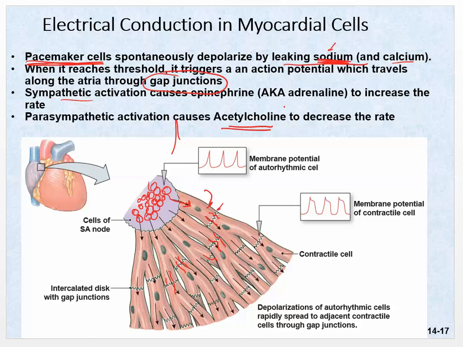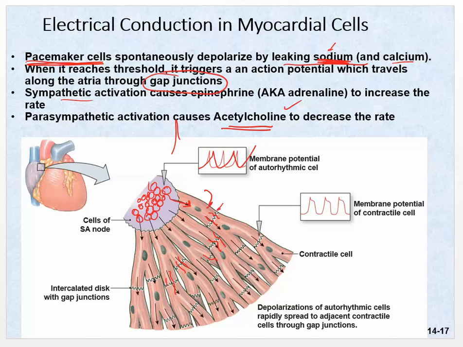Now I know, yes, it's the same acetylcholine that activates skeletal muscles, but in this case it's doing something a little different. We're not going to get into the mechanisms, but when acetylcholine is released onto these pacemaker cells, it actually causes them to depolarize more slowly. Okay, and so it slows the heart.